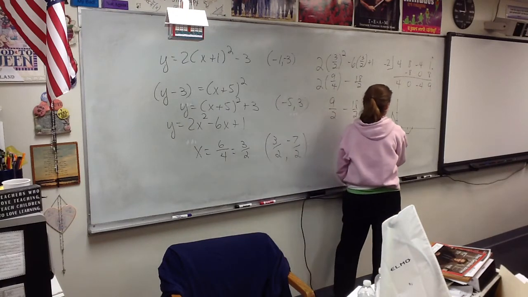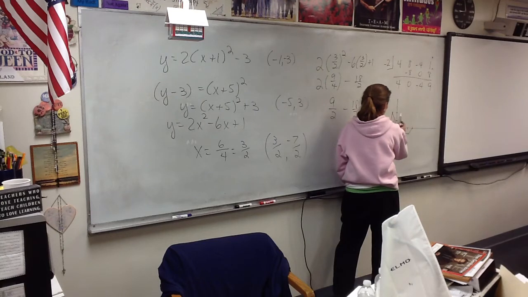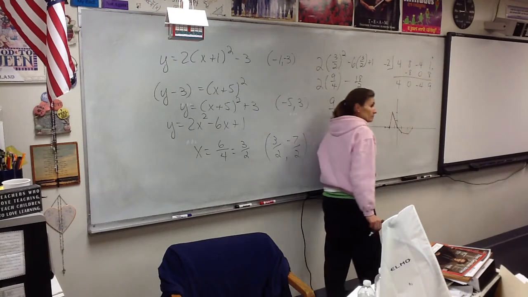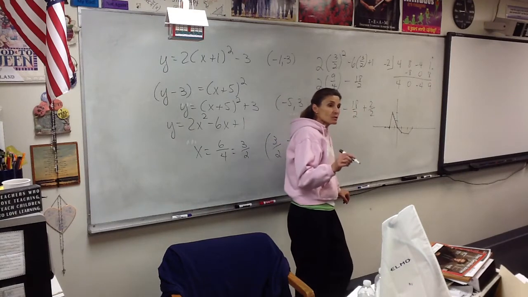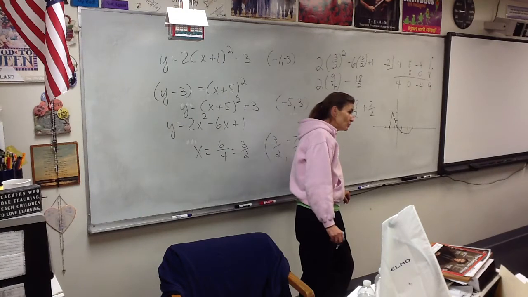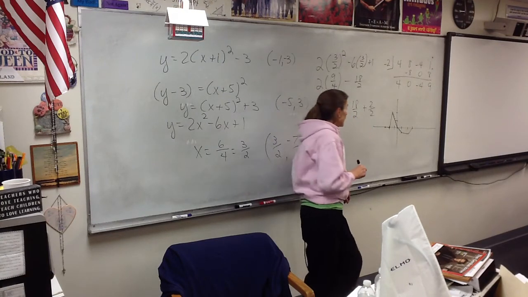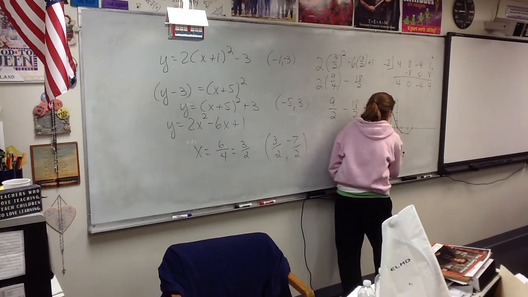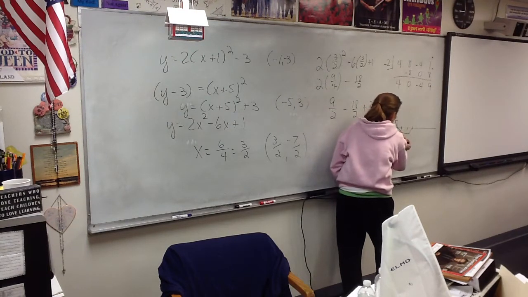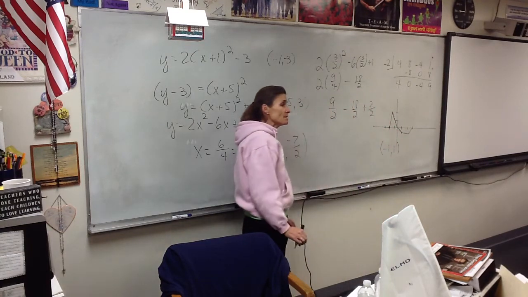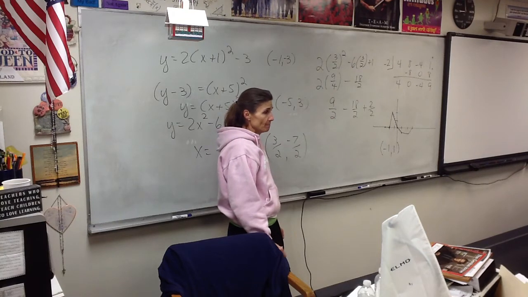So clearly, it's not decreasing here or here. Would you agree that it's decreasing there and there? The answer to the question is the x values where that happens. So where does the decrease start? At -1. Where does the decrease ultimately end? 1. There is your answer. The interval from -1 to 1.